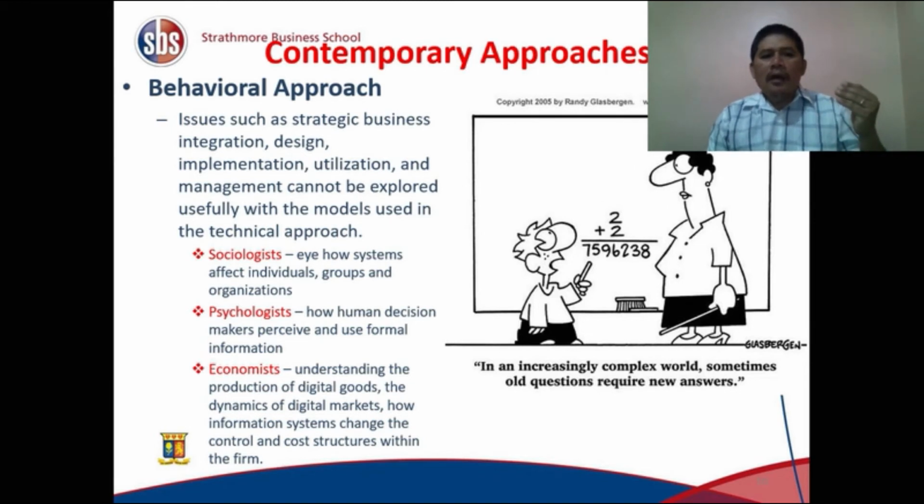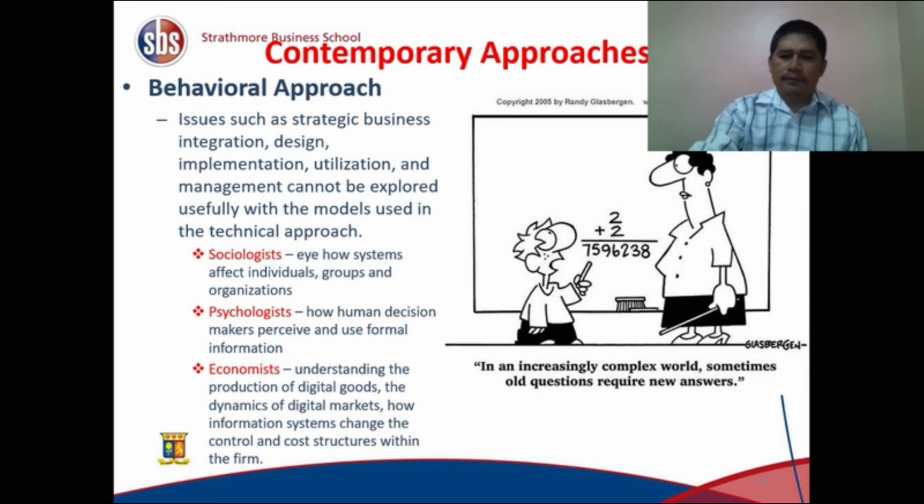And then we also look at it from a psychologist's point of view, how human decision makers perceive and use formal information. And of course, from the economist's point of view, understanding the production of digital goods, the dynamics of digital markets, and how information systems change the control and cost structures within the company. So this is the behavioral approach. Sociologists, psychologists, and economists look at information systems in many different ways.